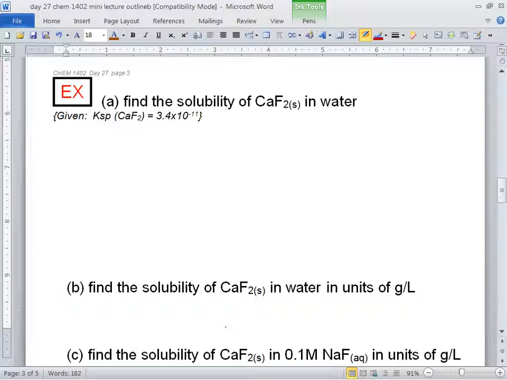So, Jose, let's start then with a KSP reaction for this thing, because they want to know what the solubility is. CaF2. Yeah. Ca plus 2 and F, with the subscript down here is just 1.